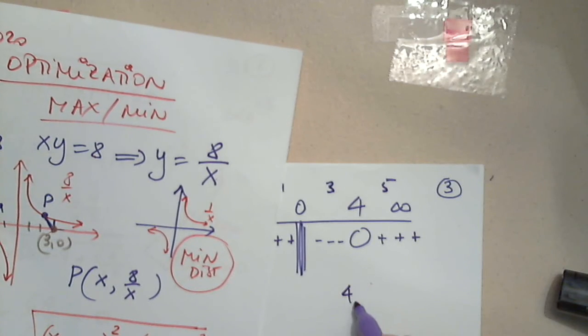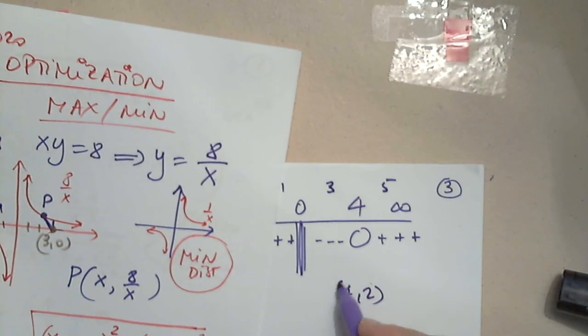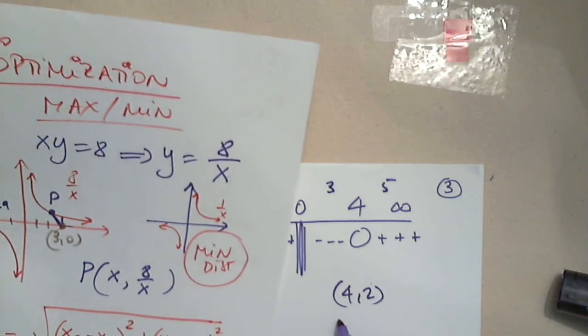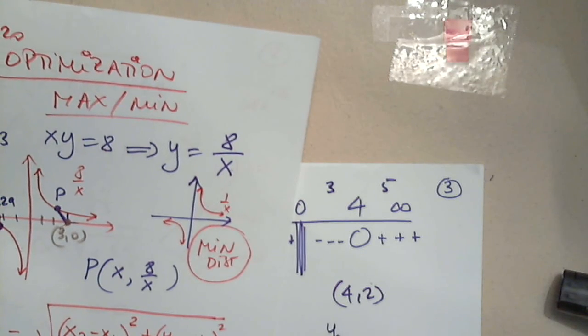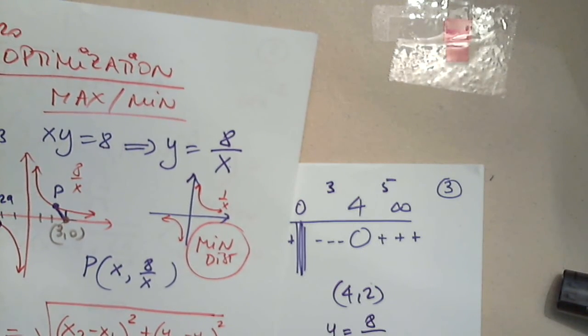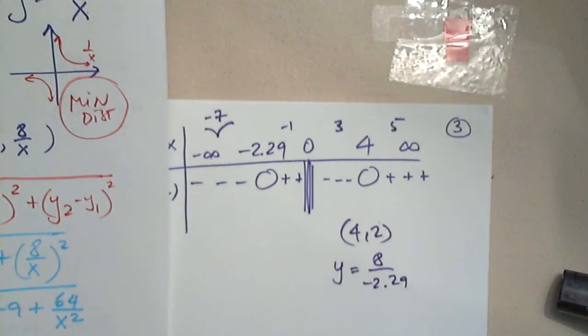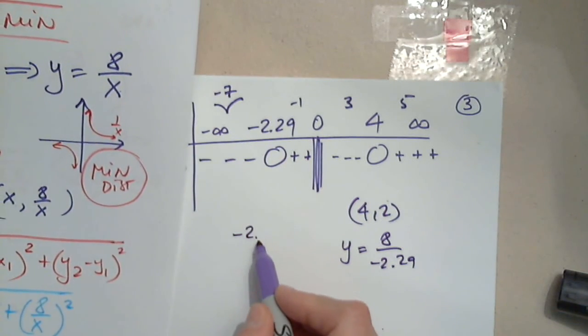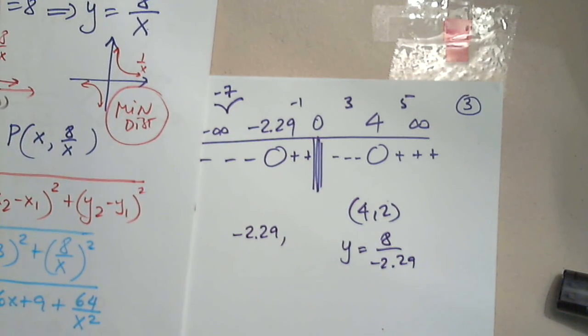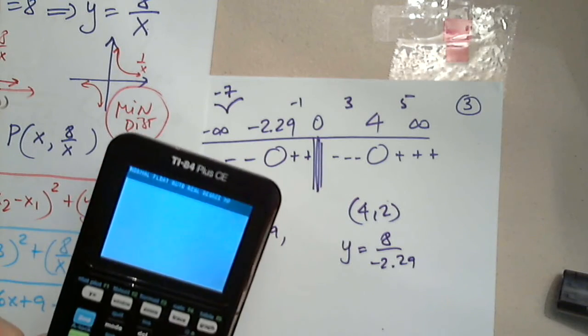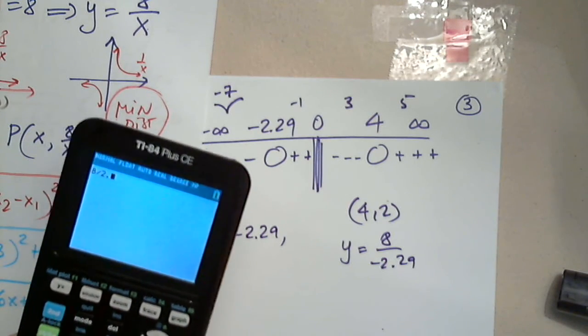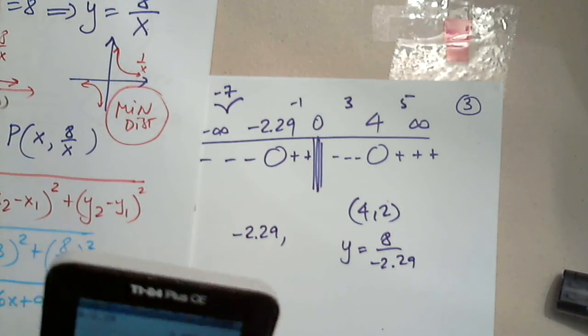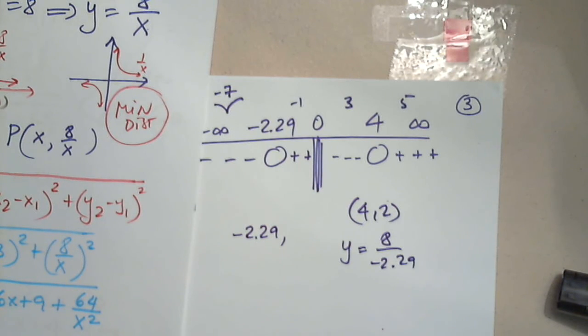So the point will be 4 comma 2, and the other point will be y equals 8 over negative 2.29. What are we getting here? Negative 0.29 comma, how much is 8 divided by 2.29? Negative 3.49.